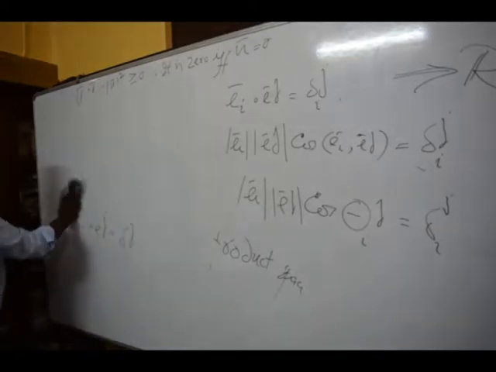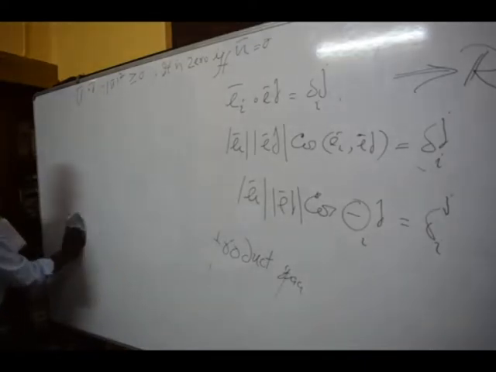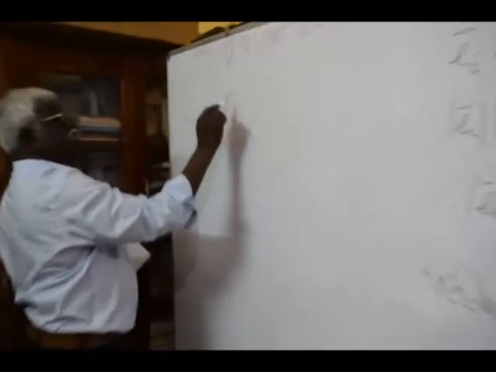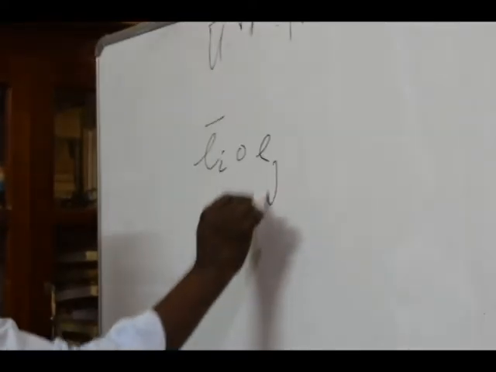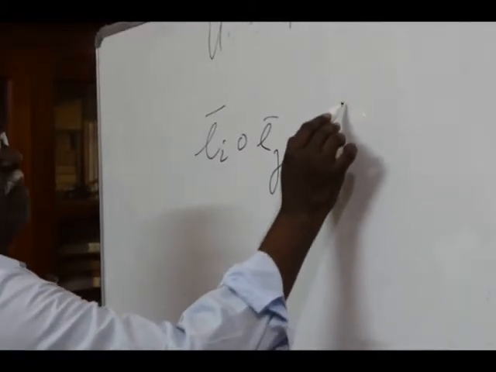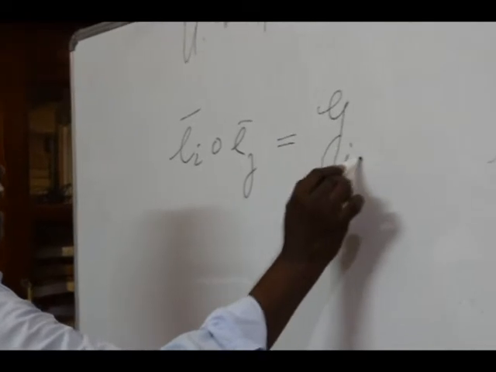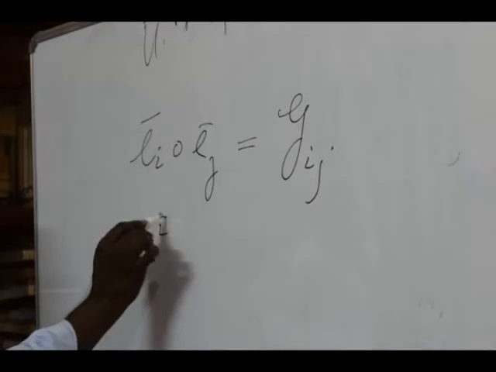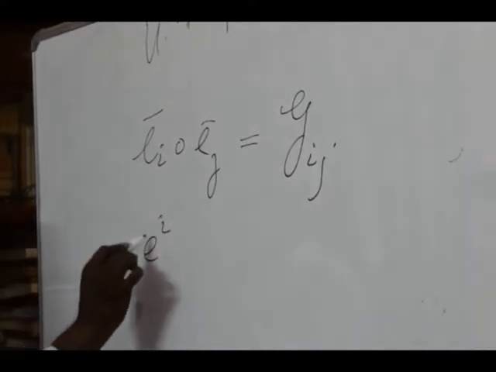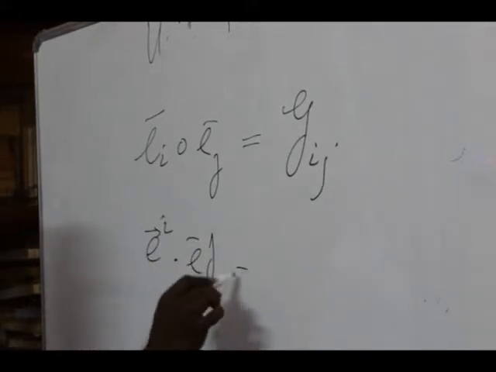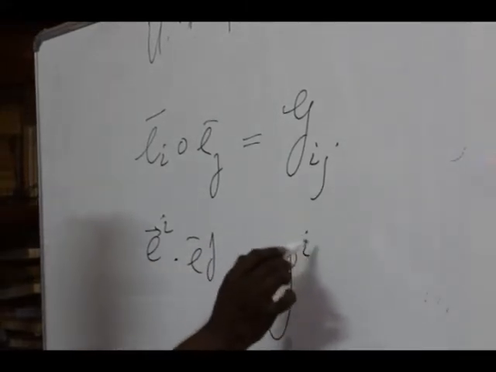Now it necessitates defining the dot product: EI dot EJ I put as Gij, and EI dot EJ equals G superscript Ij.